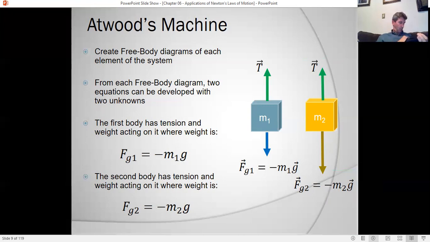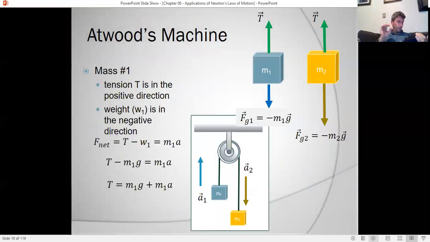I know where my forces are, this, this, this, this. I'll come up with two equations, and I'm going to solve them simultaneously. I'm going to have an equation for the sum of the forces on the first object, and I'll have an equation for the sum of the forces on the second object. In both cases, it's going to equal mass times acceleration.